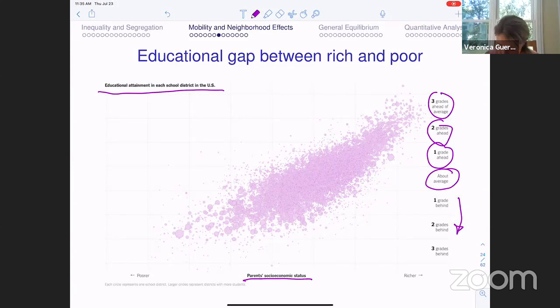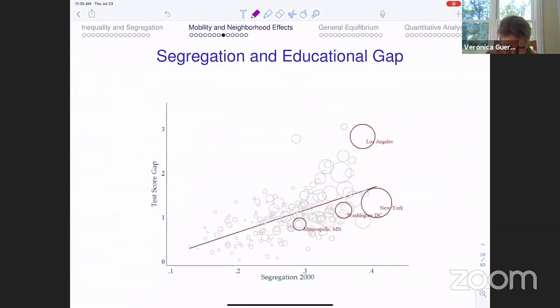Okay, so what we did is take this data, the Stanford data of school attainment, and recalculate these average attainment levels for different metro areas, again ranking the metro areas by segregation and calculating the gap in the test score between the kids of the rich families and the kids of the poor families, dividing rich and poor using the 20th percentile again as a cutoff.